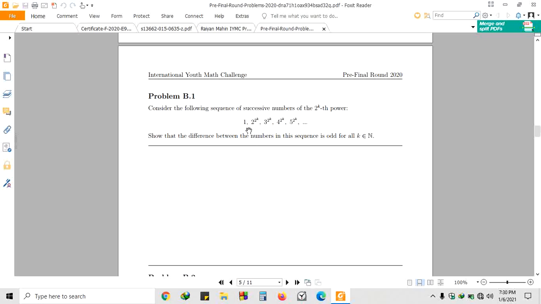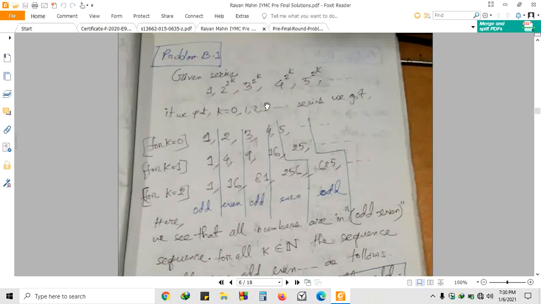So this kind of observation problem, my solution was like, if we put k equals 0, 1, 2, 3 and so on, we get a sequence like this. For k equals 0 we get 1, 2, 3, 4, 5. For k equals 1 we get 1, 4, 9, 16, 25.